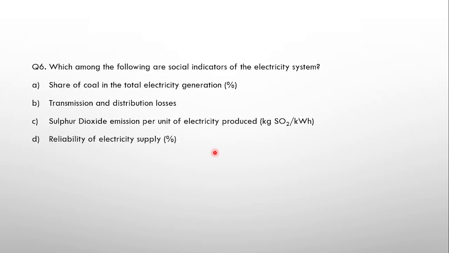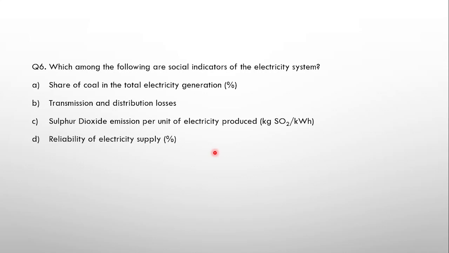So number 6 is which among the following are social indicators of the electricity system? So here are your options. A is share of coal in total electricity generation. B is transmission and distribution losses, which is also measured in percentage but is not mentioned here.